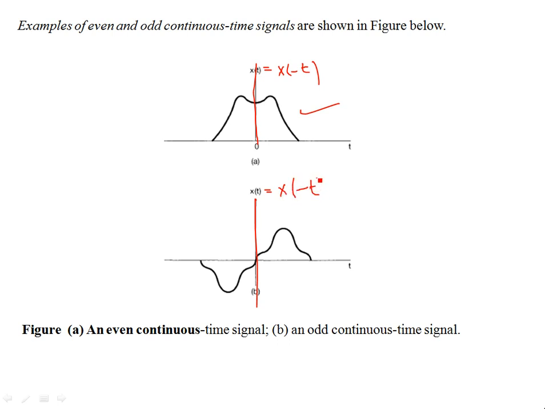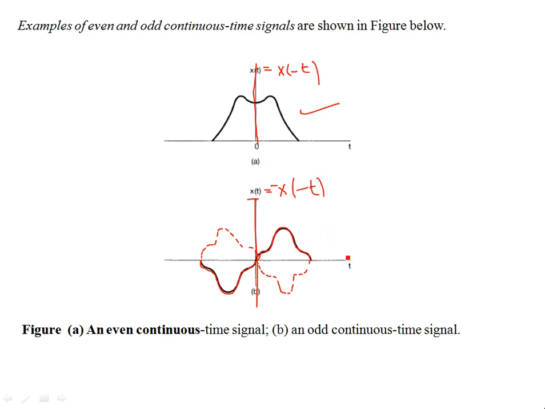Okay, I have to multiply the flipped version with minus 1 so that I can get back x of t, right? I mean, you can visually look at what's going to happen. If I flip this over, it will be something like this first, and this is my flipping. I flipped it, but if I multiply this by a negative, then this is what I reconstruct. Okay, so for an odd signal, x of t is minus x of minus t, right?